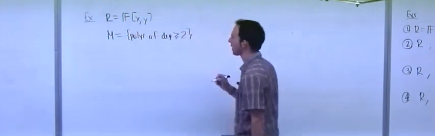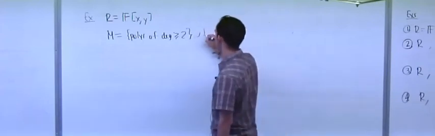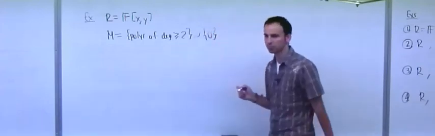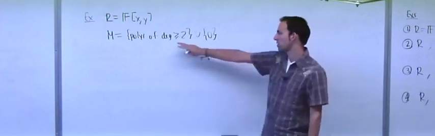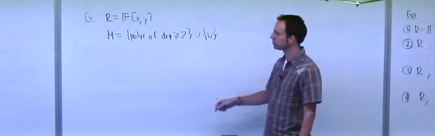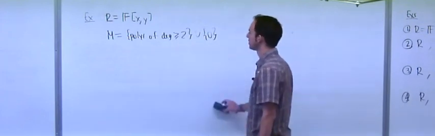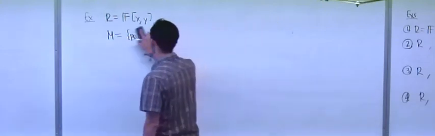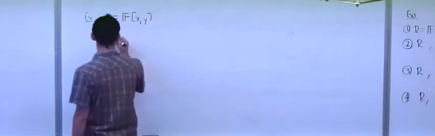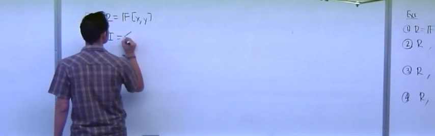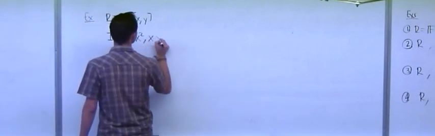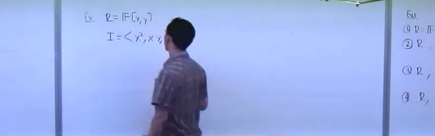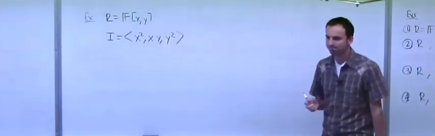Well, actually, that's not quite an ideal. It becomes an ideal if you add the zero polynomial. Okay. So if you add two things of degree greater than or equal to 2, well, you want to be a little bit more careful then. Let's just consider this ideal.